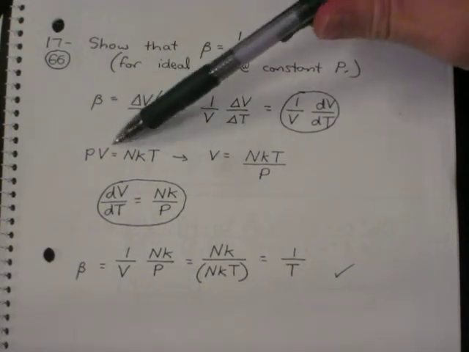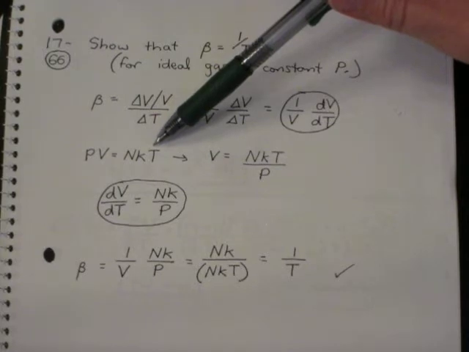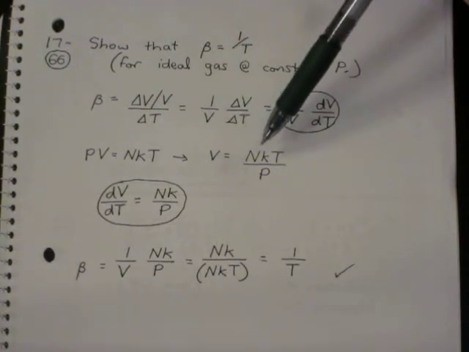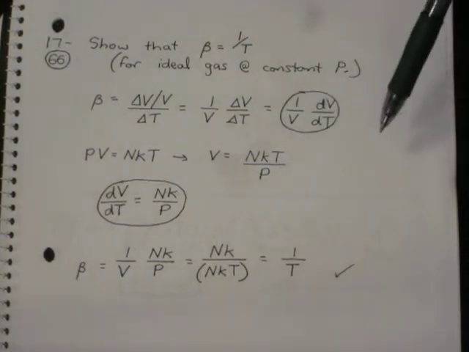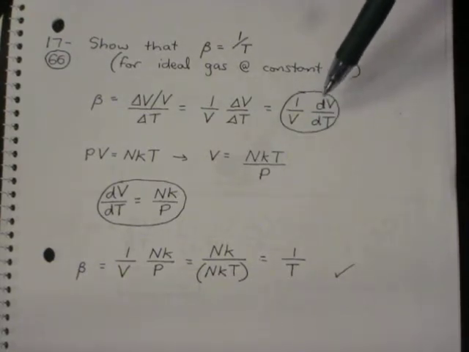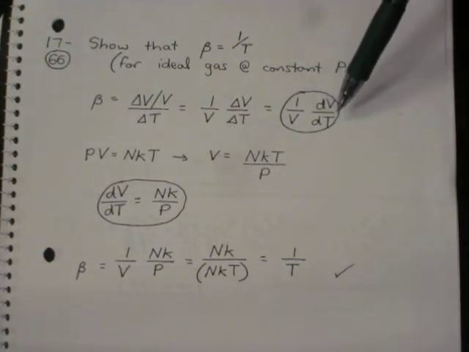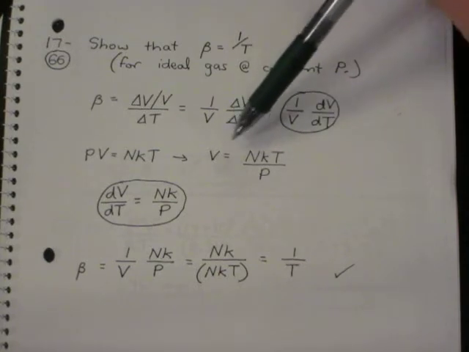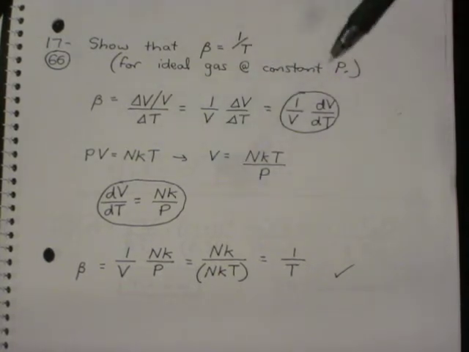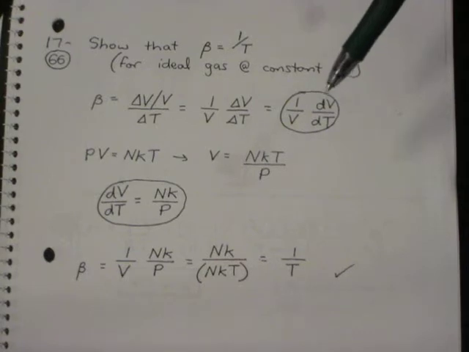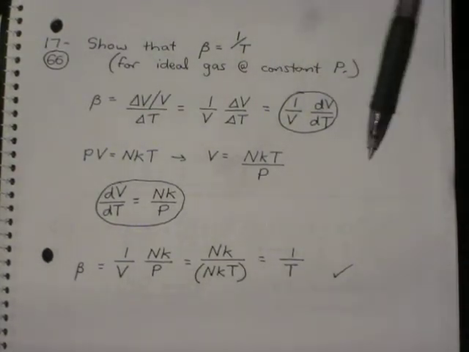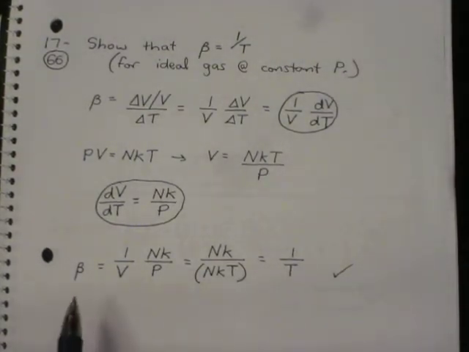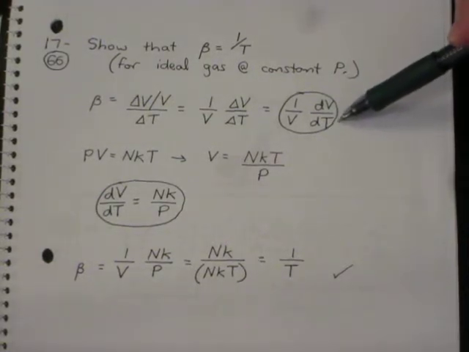Then we can say PV equals NkT, ideal gas law, solving for V. V is NkT over P. And then we're going to take the dV/dT. So we're going to take the temperature derivative of this, and then we'll say dV/dT is going to be Nk over P. Now, we're going to say beta is, and remember up here we said that it's 1 over V dV/dT.